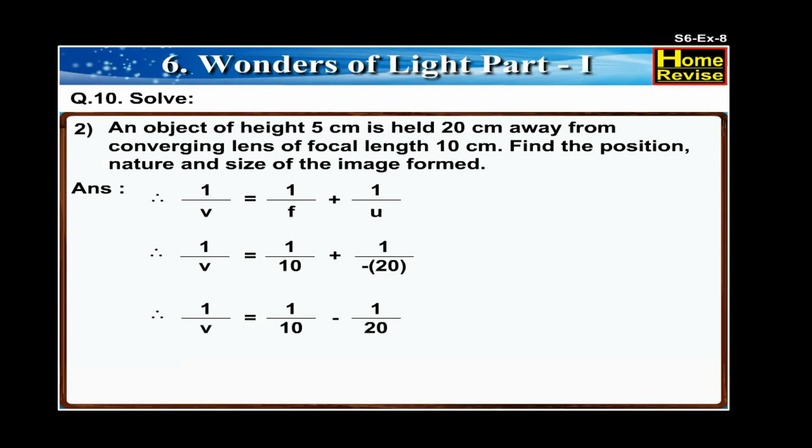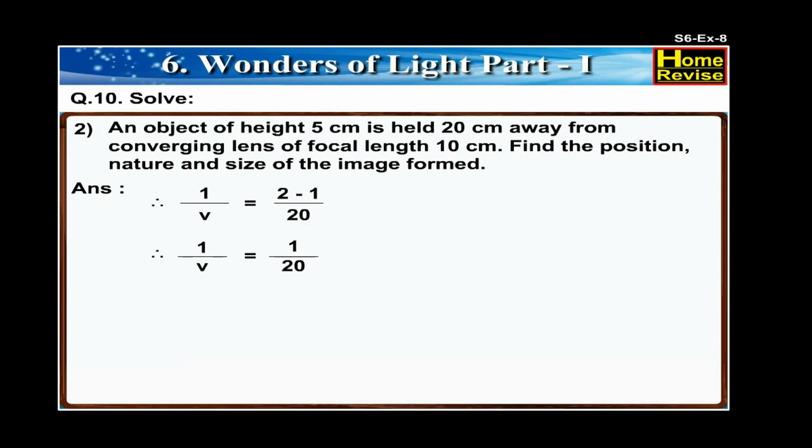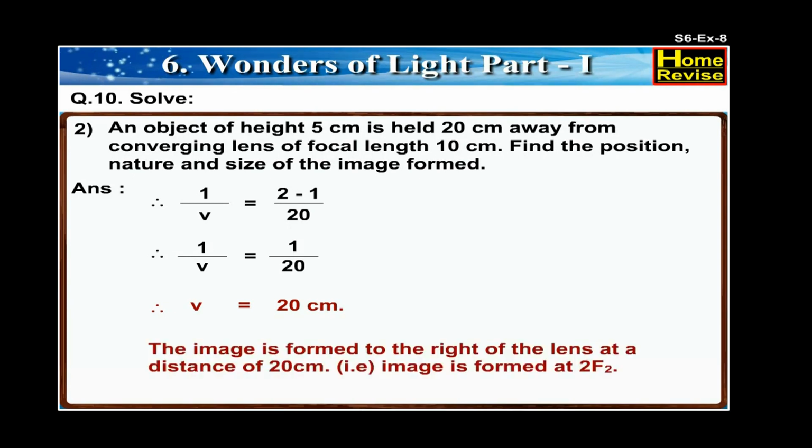Therefore, 1 by V is equal to 1 upon 10 minus 1 by 20. 1 upon V is equal to 2 minus 1 upon 20. Further, 1 by V is equal to 1 by 20. Therefore, V is equal to 20 centimeters. The image is formed to the right of the lens at a distance of 20 centimeters. That is, image is formed at 2F2.